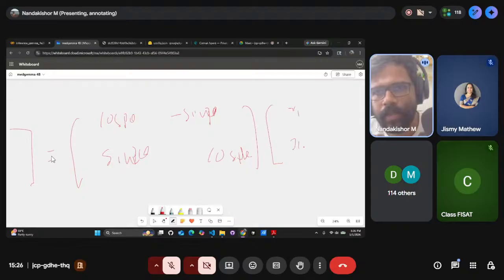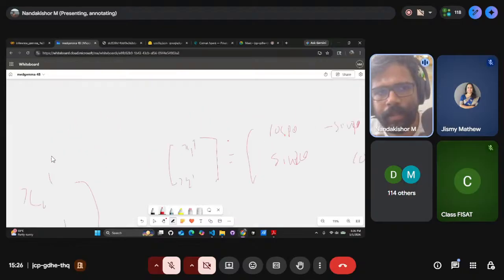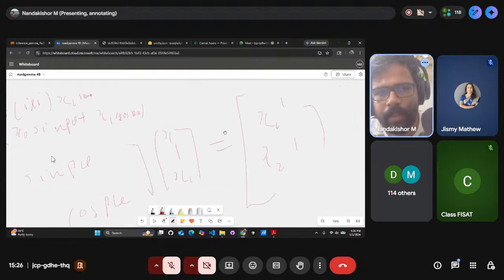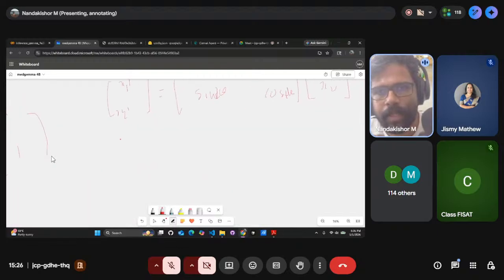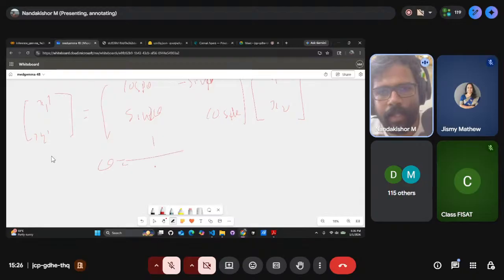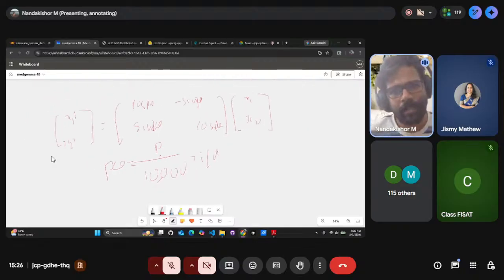If you miss p, you need to add p. Theta means 1 by 10,000 raised to 2i by d, and p theta means p by 10,000 raised to 2i by d. If you give that value, you will get the new rotated values.